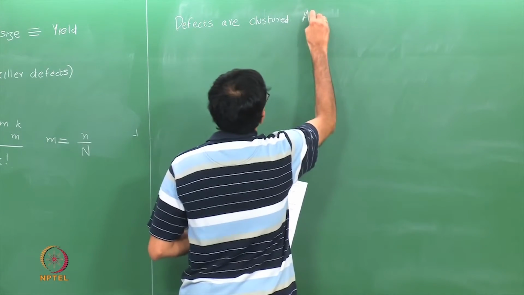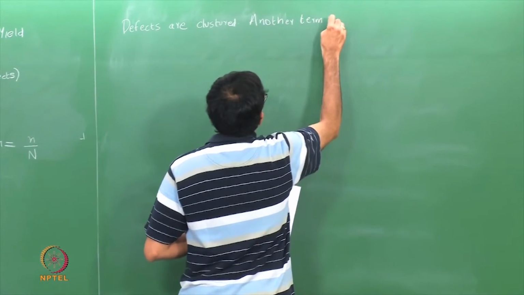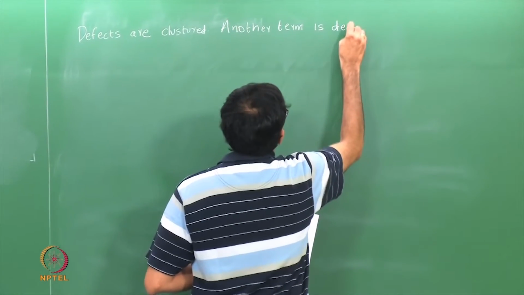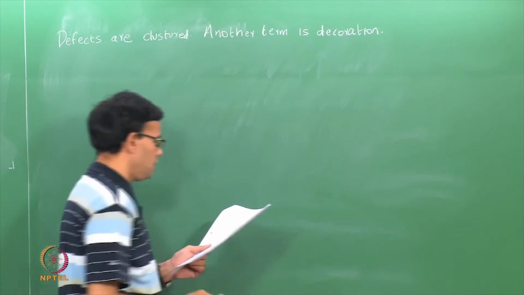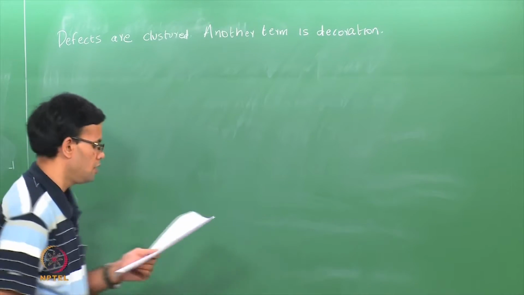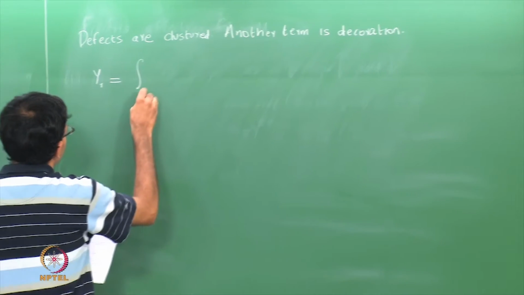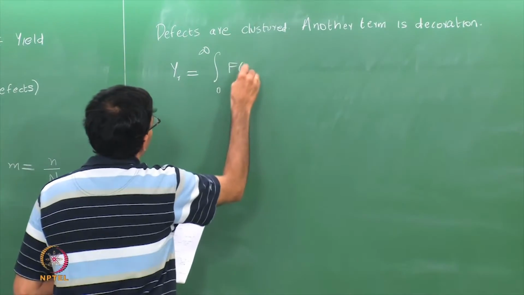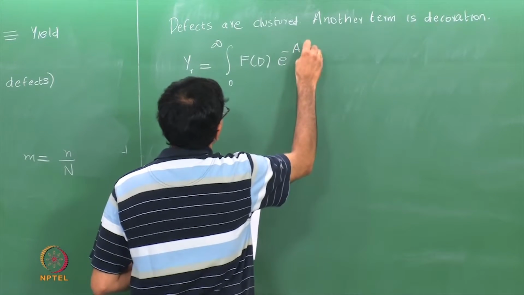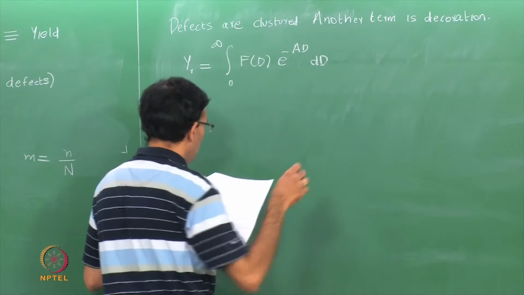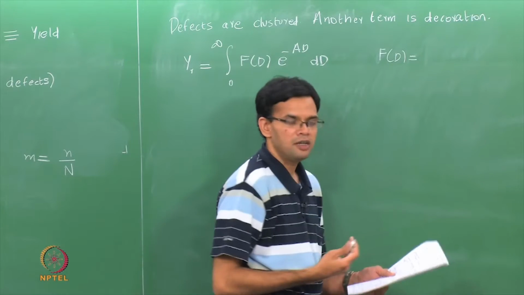Another term used is called decoration. So, we say that the defects decorate the surface of the wafer. So, in that case you define the yield as an integral of f of D e to the minus A D, and f of D refers to how the defects are distributed in the wafer.